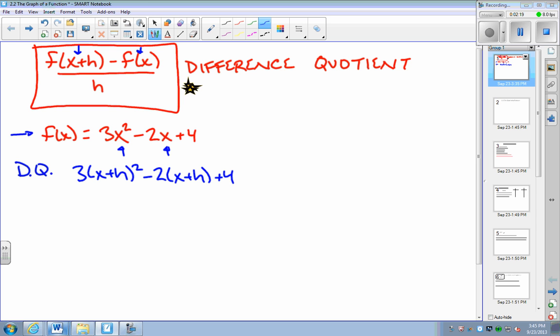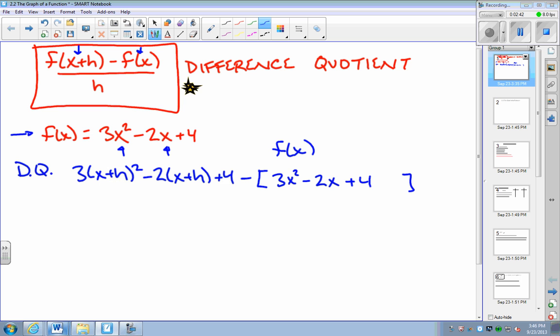Don't forget about that 4. Now I'm going to subtract my function. That's all f of x is. So when I subtract, make sure we get a big bracket there because these signs are going to change. I'm not going to do anything with the h right now because that's just on the bottom. I'll put that in at the very end.